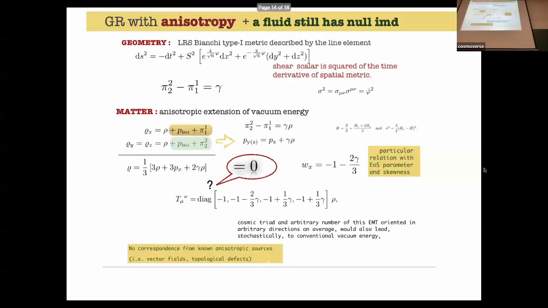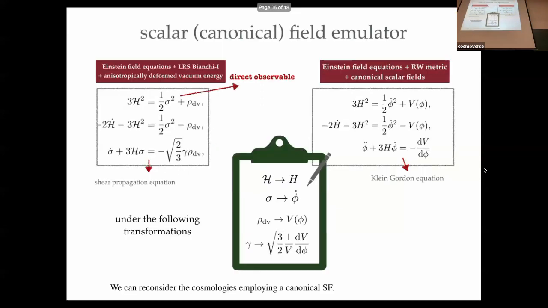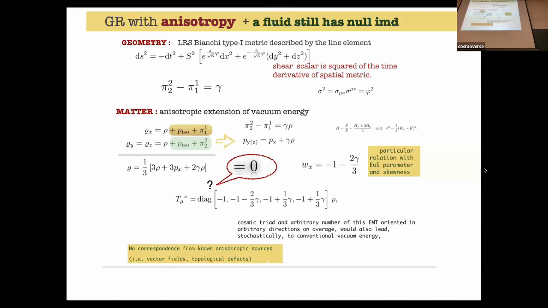When we consider this particular relation to keep the inertial mass density zero, we have two systems. One is for canonical scalar field cosmology. The other one is the anisotropic one, with the Einstein field equations, the Bianchi metric, and the anisotropically deformed vacuum energy with a particular relation.